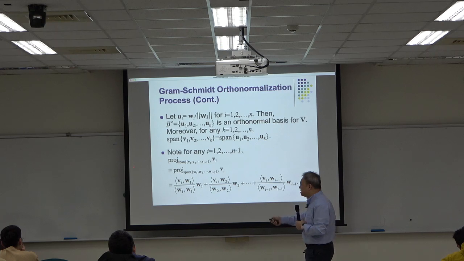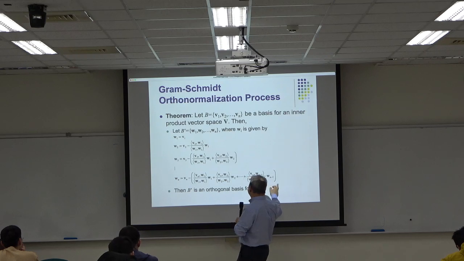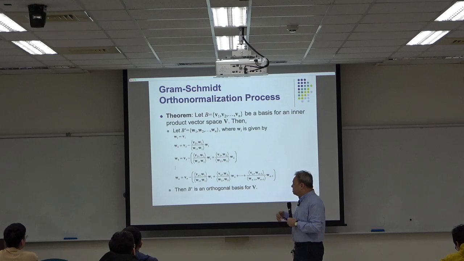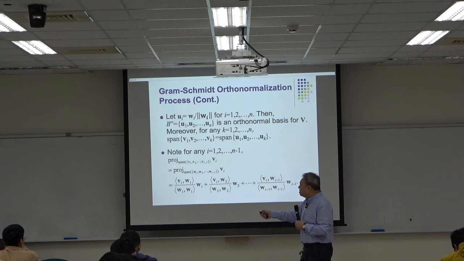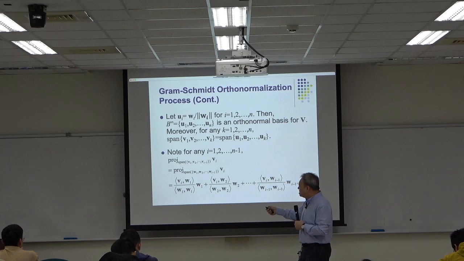This part is exactly what we have here. This is the projection of Vn on the space spanned by W1, W2, W3, and so on to Wn minus 1. So this is exactly what we have in the previous one. We denote this as the projection of Vi on the span of V1 to Vi minus 1.